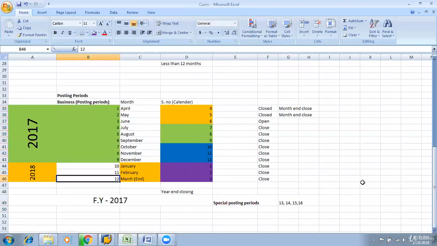Now, your next question. 10th corresponds to January, 5th corresponds to August, 11th corresponds to February, and 12th corresponds to March. Does 13, 14, 15, 16 correspond to April, May, June, July of next year? No, my friends. 13, 14, 15, 16 do not correspond to any of the months.